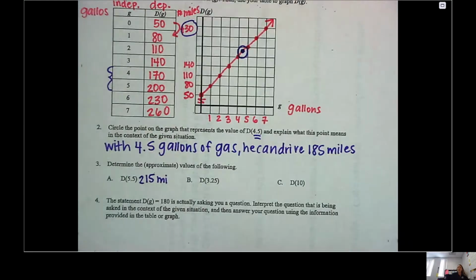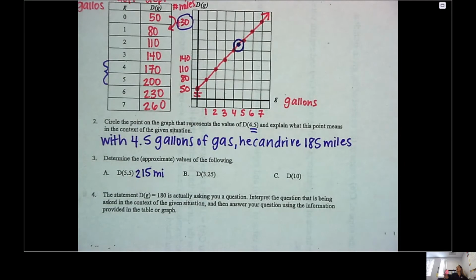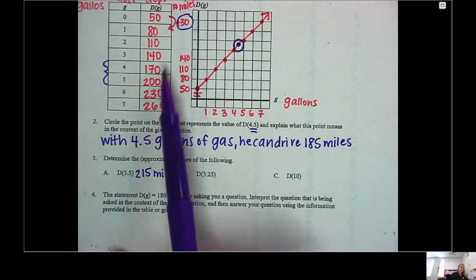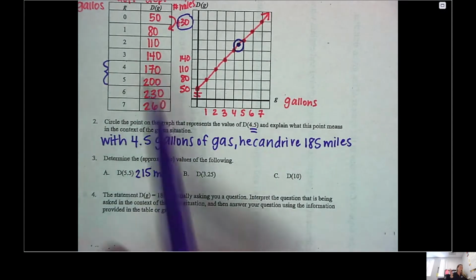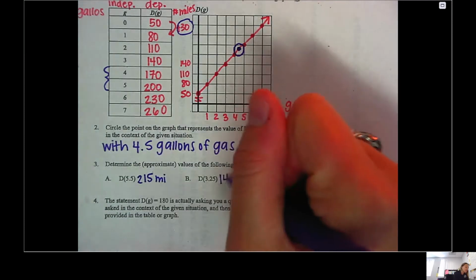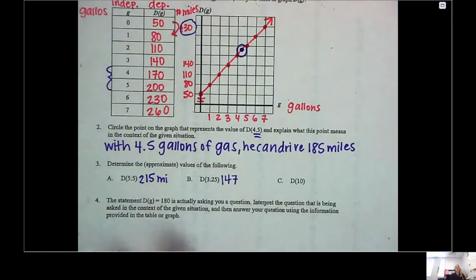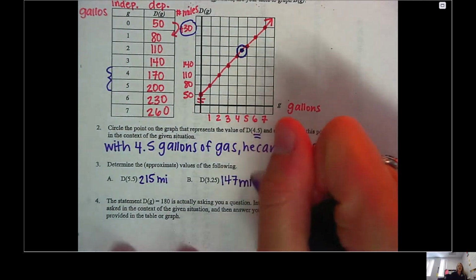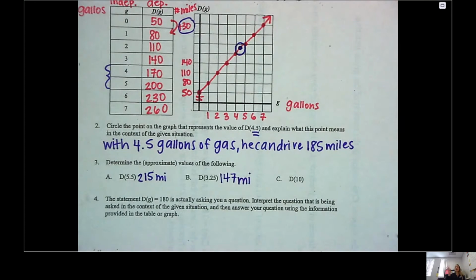This change was 30. He took a quarter of it. So he divided it by 4. And then whatever that number was, he added it to the 140. Because you know you're between 140 and 170. So that's the exact answer, 147.5. But if you put something close to 147, something close to 150, that's fine with me. Because it's not exact, I'm looking for approximate, but something around there.